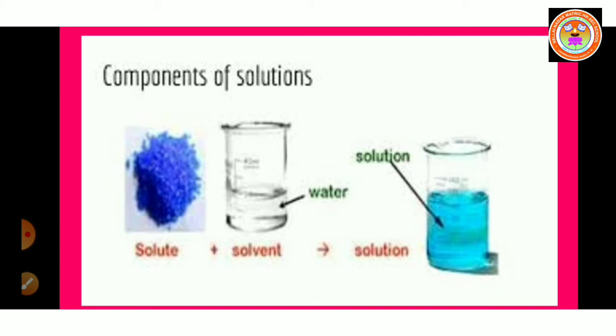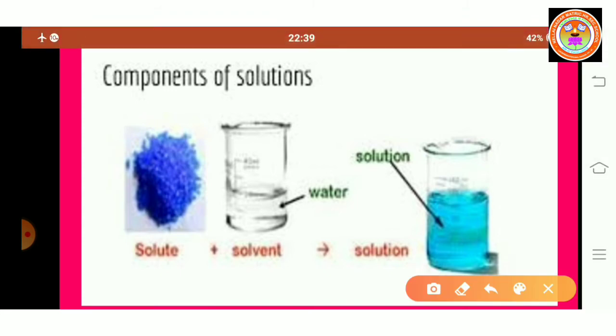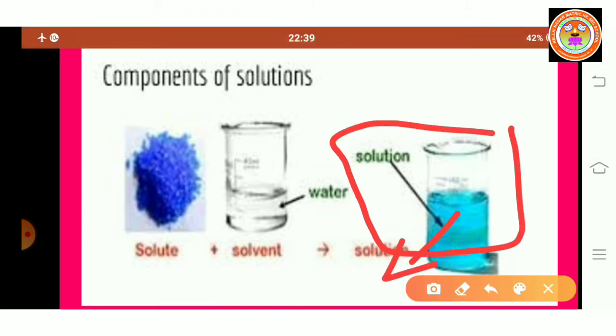Students, let us learn the components of solutions. We know that a solution is a homogeneous mixture of two or more substances. Students, what is a solution? A solution is a homogeneous mixture of two or more substances.